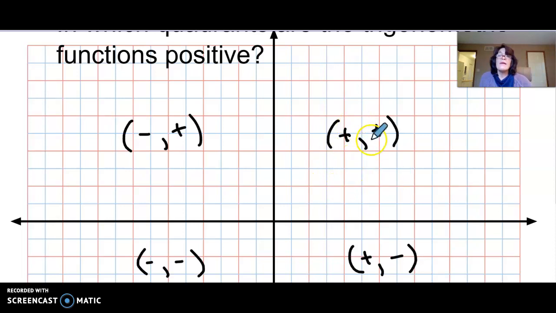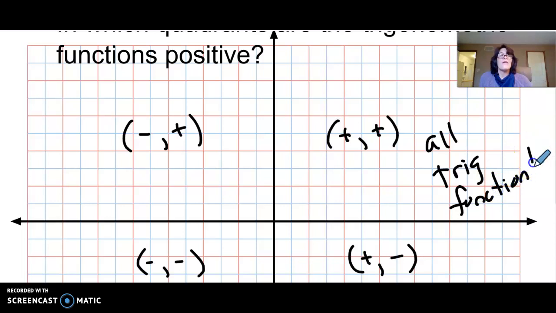Okay, so then we think about it. If both of our numbers are positive, all the trig functions will be positive in the first quadrant. Okay, all trig functions are positive here in the first quadrant. However, over here, the x coordinate is negative. So think about which trig functions use x.